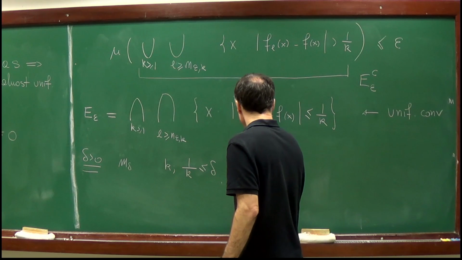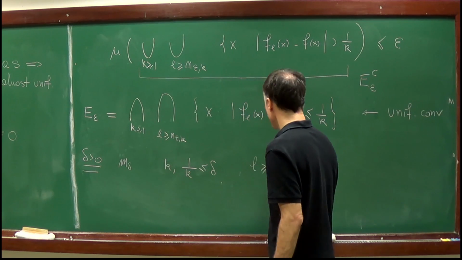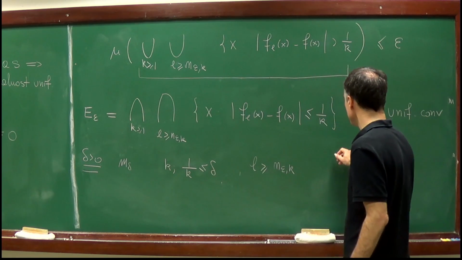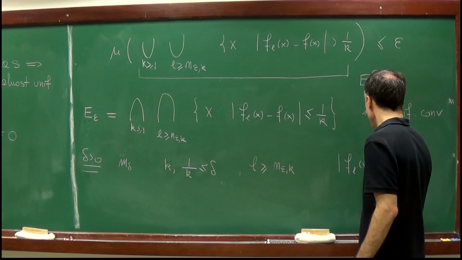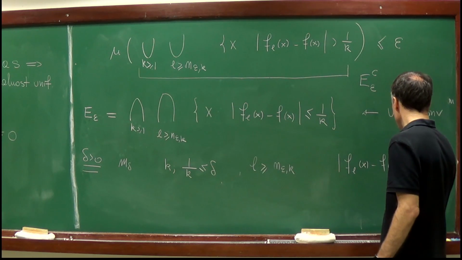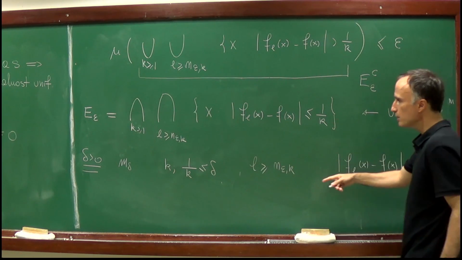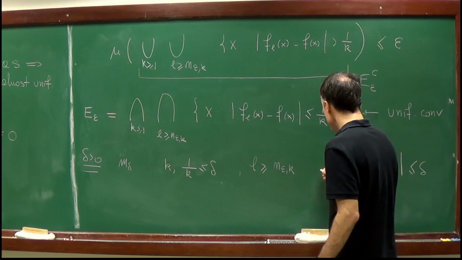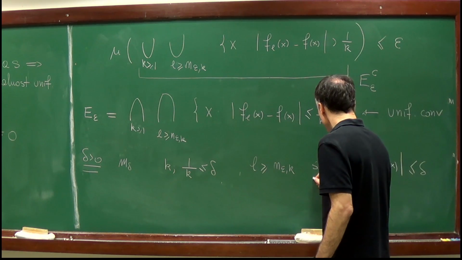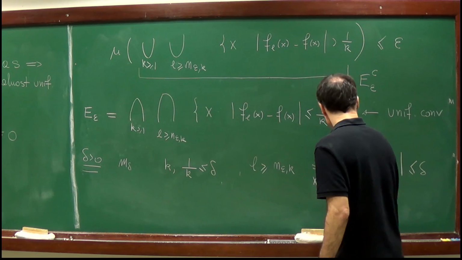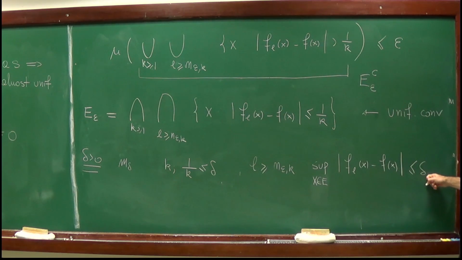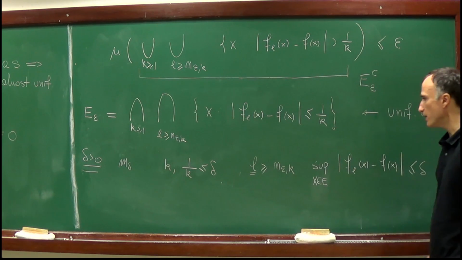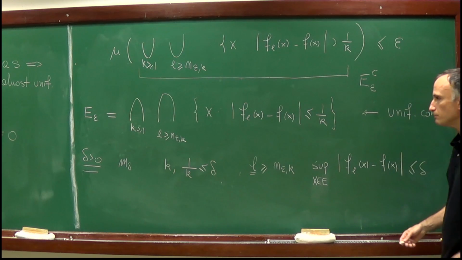So fix an L larger than n epsilon k. For this L, |f_L(x) minus f(x)| is bounded by 1 over k, but 1 over k is bounded by delta. So what I claim is that the supremum for x in E epsilon of |f_L(x) minus f(x)| is bounded by delta for all L larger than n epsilon k.